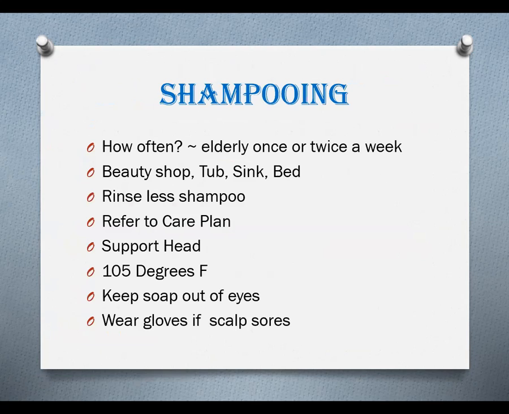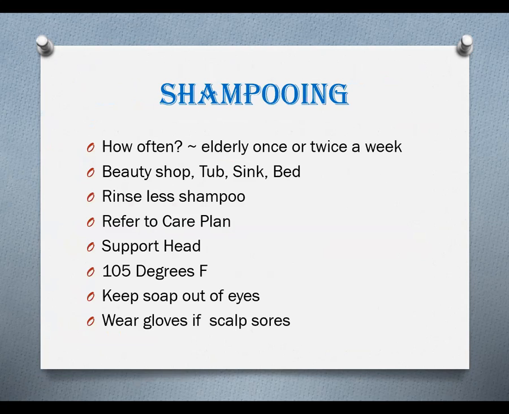You can also use the shampoo-free caps. Some facilities have those. It's just a shower cap. You throw it into the microwave. It warms up. You put it on their head and kind of massage it through.